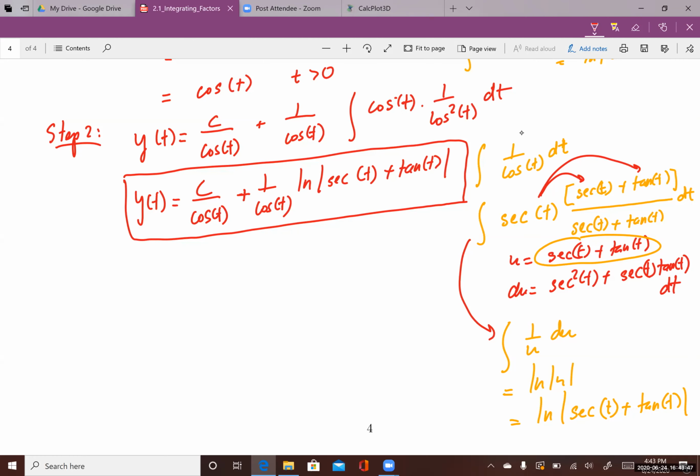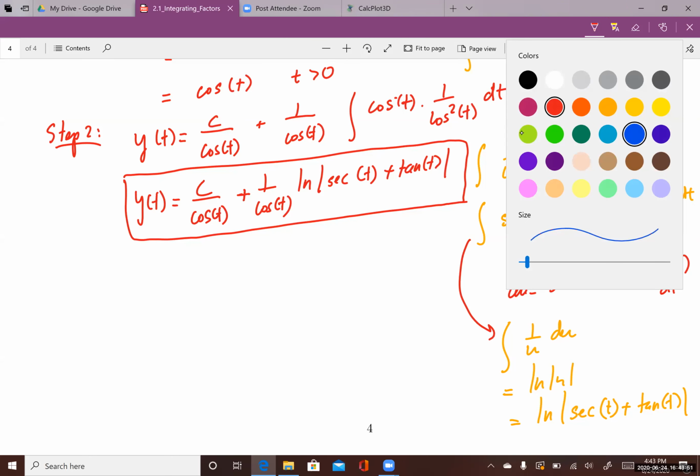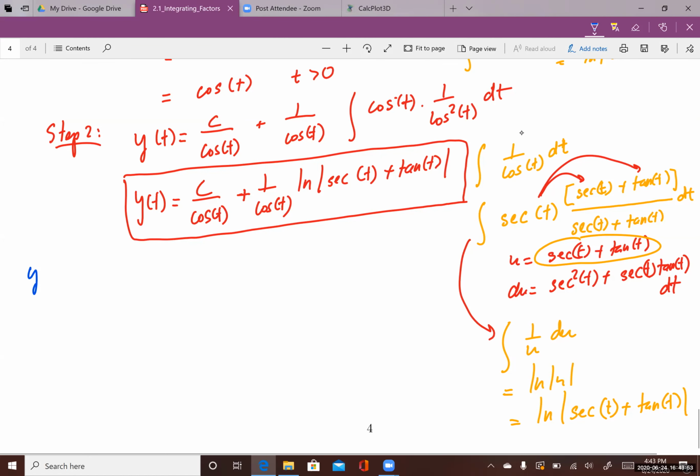Now we have an initial value, which is (0, 0). So if you plug in the initial value y(0) equals 0, then we would have 0 on this side, equal to c times cosine of 0, which is 1, plus 1 times natural log of secant of 0 plus tangent of 0.